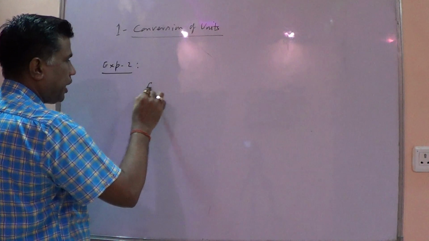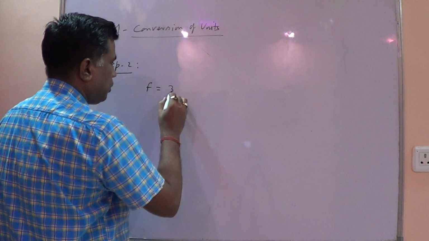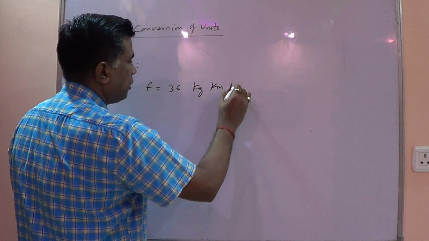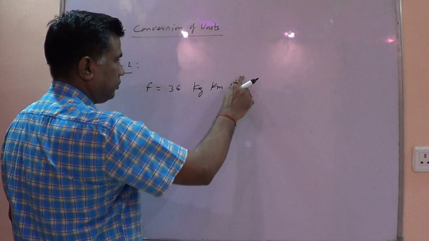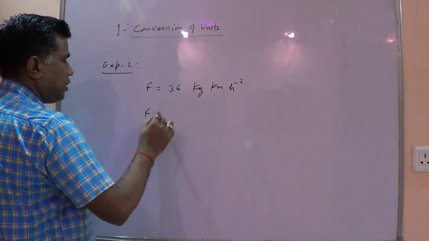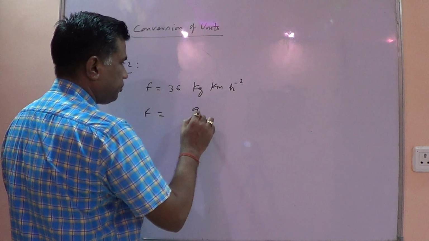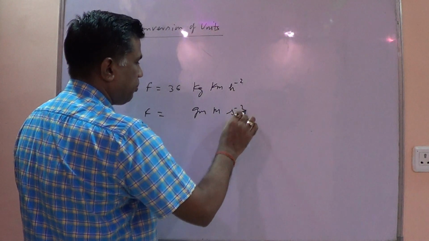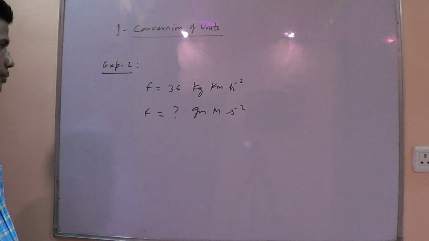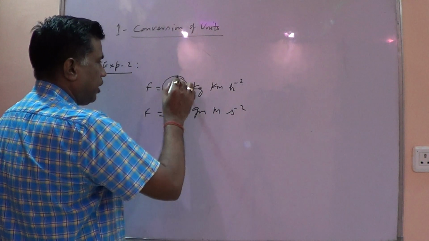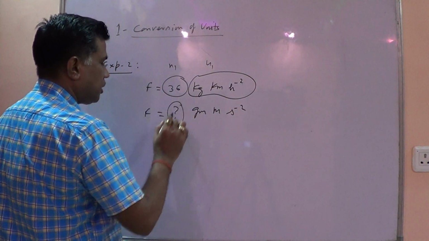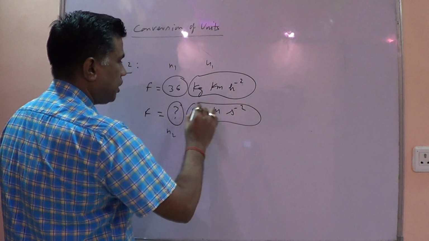If there is a force acting on an object having value 36 kilogram kilometer per hour square, and we change this unit into gram, meter and per second square, then what will be the value of this force in this system of unit? Students, again we will assume this as N1, this one as U1, this one is N2 and this one is U2.